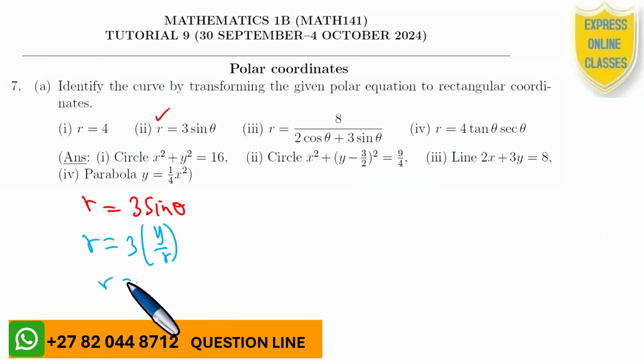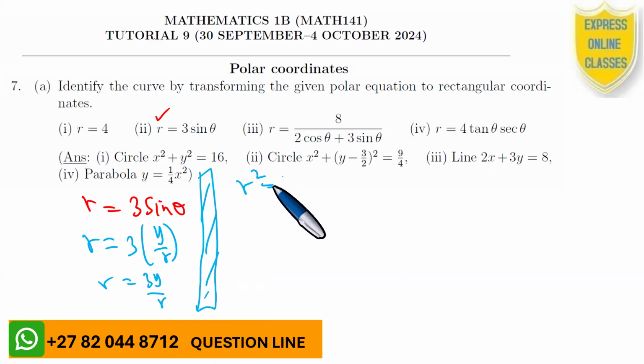Which means that r is 3y over r, and then we cross multiply. r times r gives us r squared is 3y. But what is r squared? Always, r squared is x squared plus y squared.